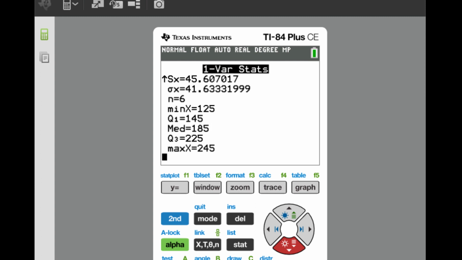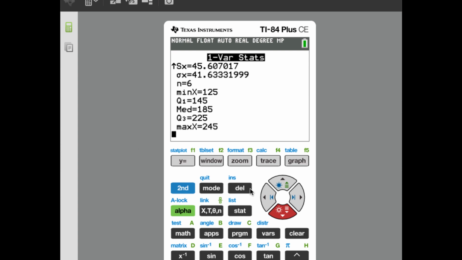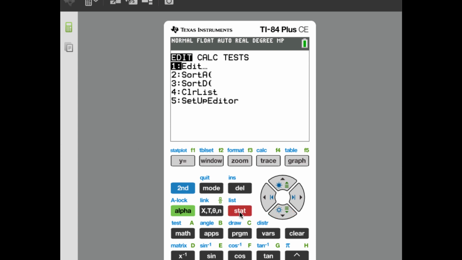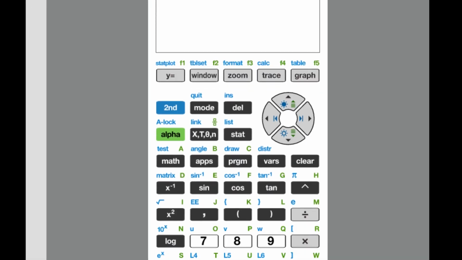Great. Let's do the mode now. And in order to do the mode, we're going to have to sort, right? So go to Stat, Edit. It's already in Edit. Go down to now what? Sort. Because you're going to sort from smallest to largest. What list are we sorting first? L1. We're on list 1.